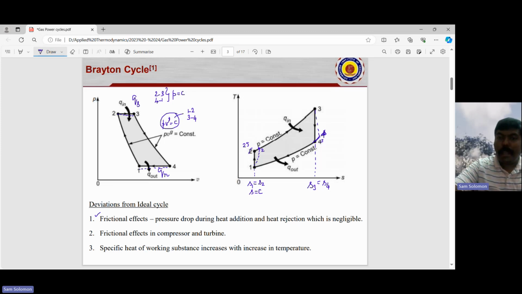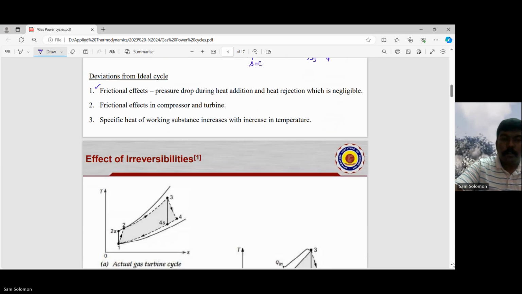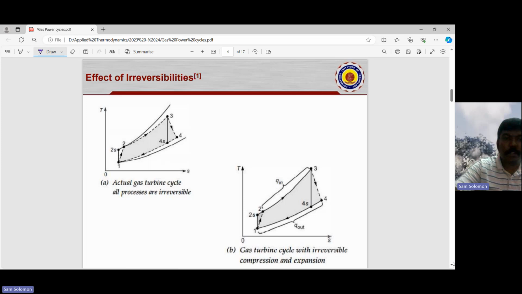Okay, and the effect of irreversibilities is what I showed you there. In the TS diagram, they have shown you the shift in 2 to 3. So it's no longer a constant pressure line. The 3 which could have been here has shifted to this position.